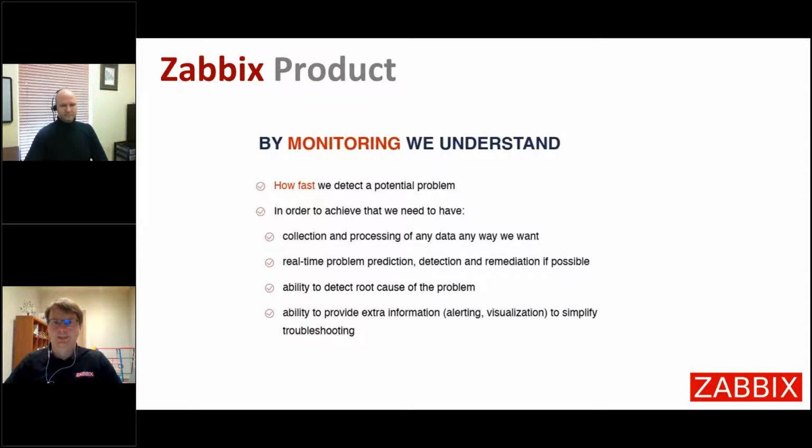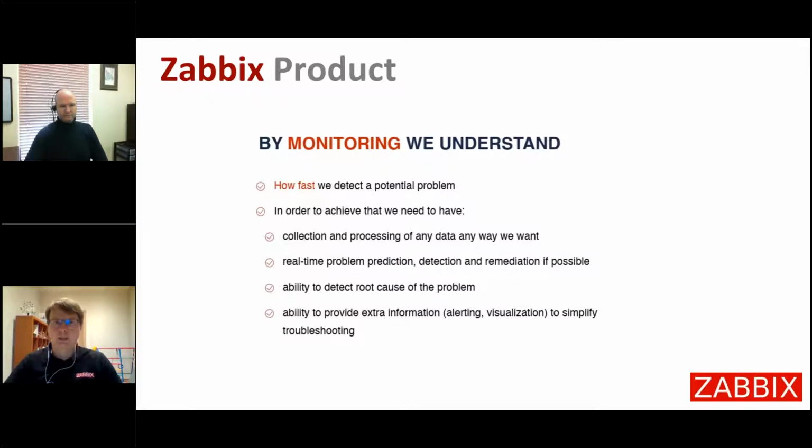We analyze this data against triggers. And if we see that something is over or below, then we do some action. The action could be that we notify you about a problem. We can visualize this information. We can actually act if that is required from Zabbix.